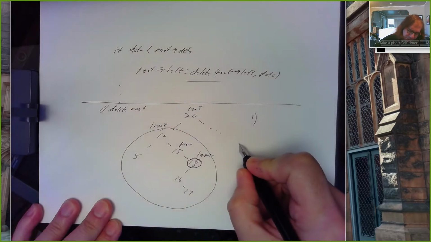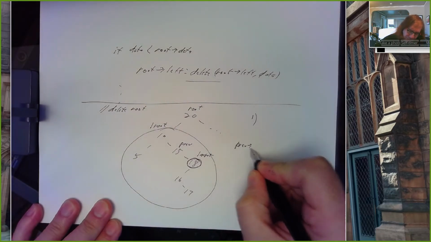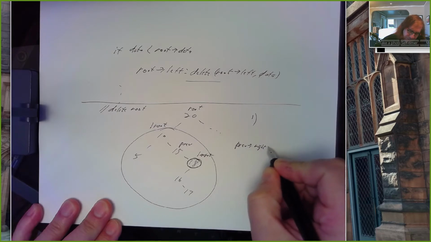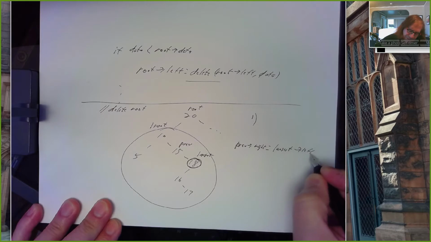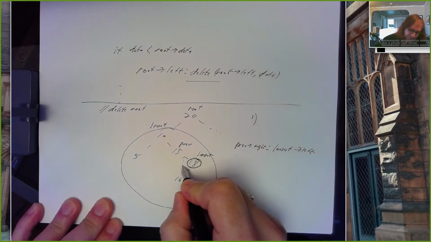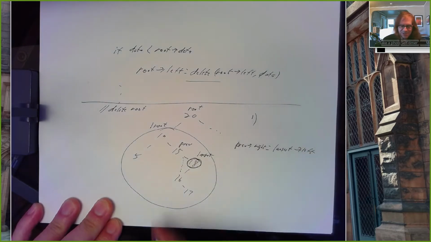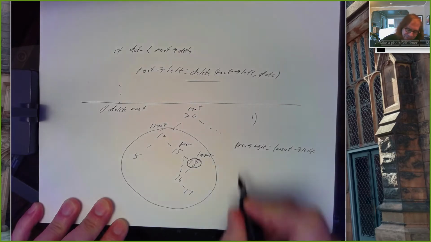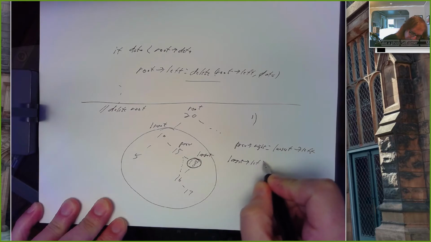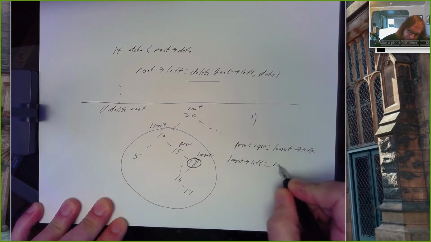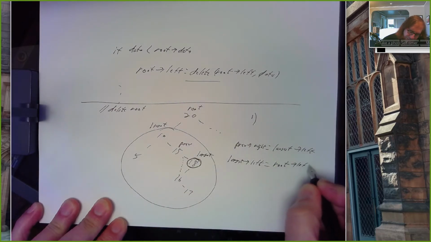So it's something like previous right equals largest left. That changes this so that the left child of largest is not going to be orphaned. And then largest left equals whatever the root currently has on the left.